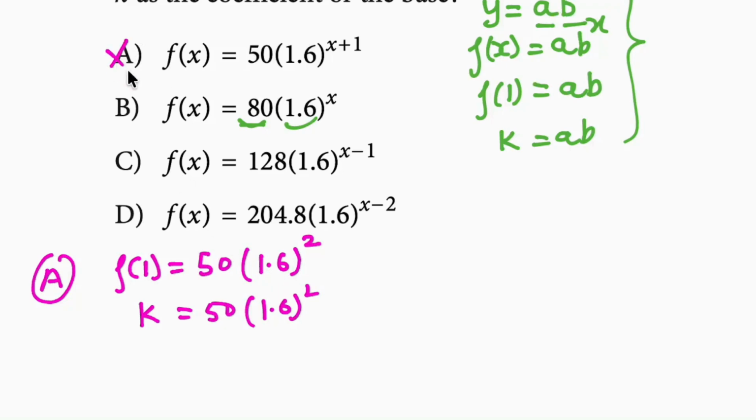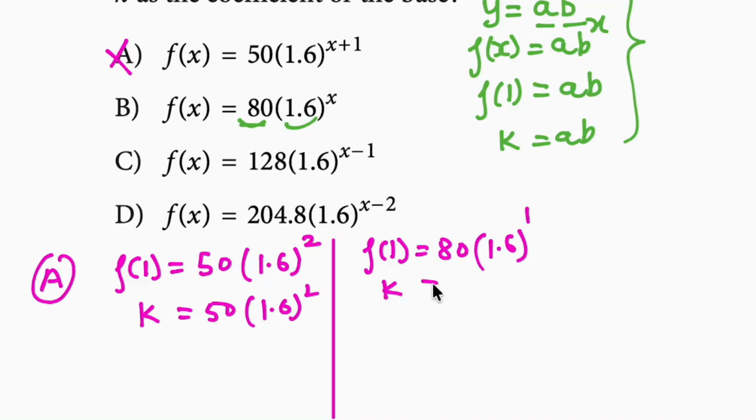So A is not the right option. Let's solve for B. Now B is f of 1 is equal to 80 times 1.6 raised to power 1. So k will be the product of these two. It will be neither 80 nor 1.6. So even B is not the right option.